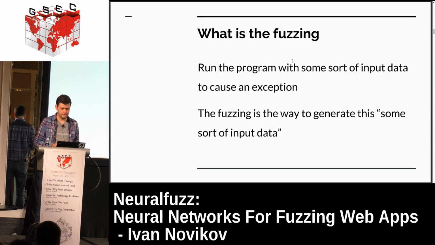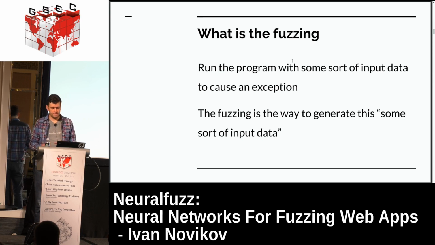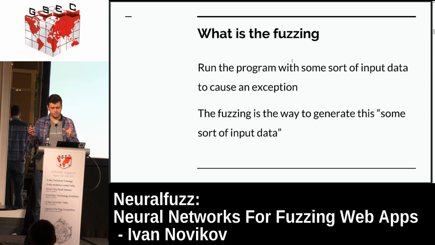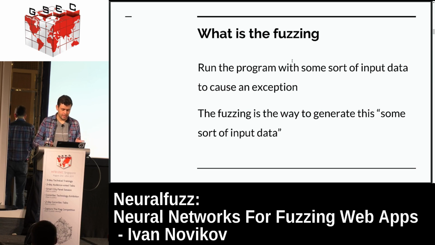What is fuzzing? The main idea is super easy. Just try to run the program with some input data to cause an exception. Try to analyze this exception, analyze the results, and make it repeatable, obviously. Try to understand the reason for these crashes or other exceptions.